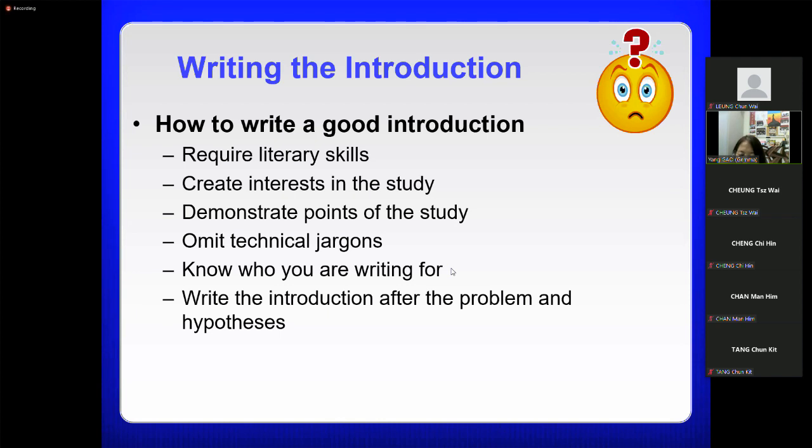And better, you should know the readers who will read your articles. And also, usually we need to identify the research problem and decide on the hypothesis, and then complete this section, the introduction section.